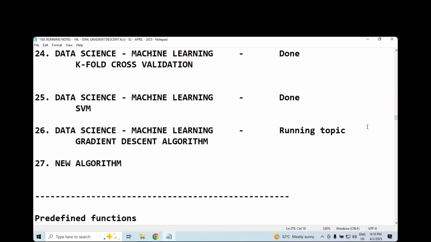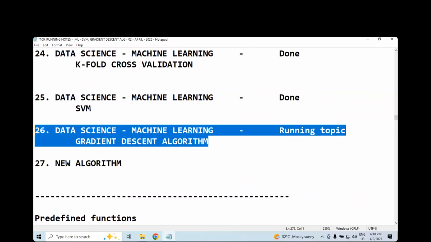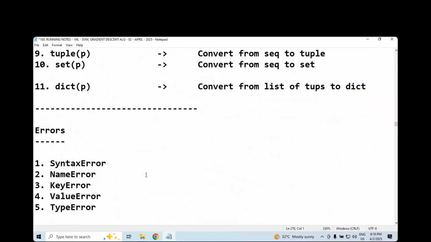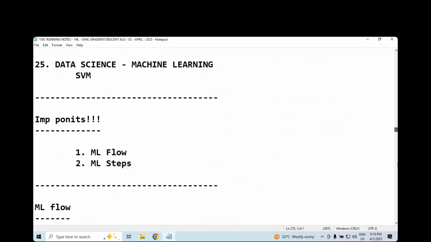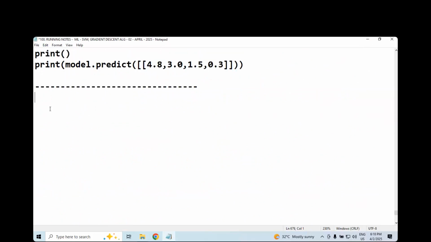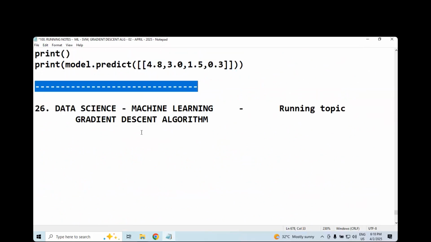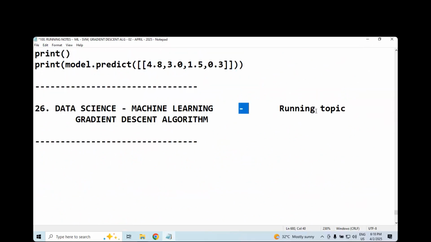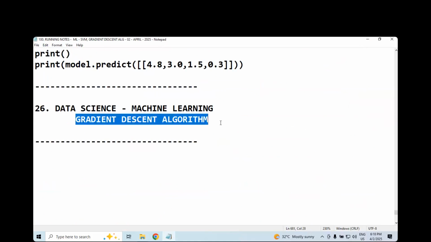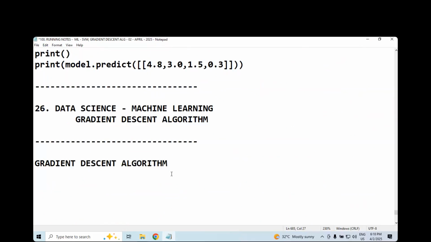We'll see what kind of new algorithm it is. Good, sir. What is the topic name? Gradient descent algorithm. Okay. What is the gradient descent algorithm?